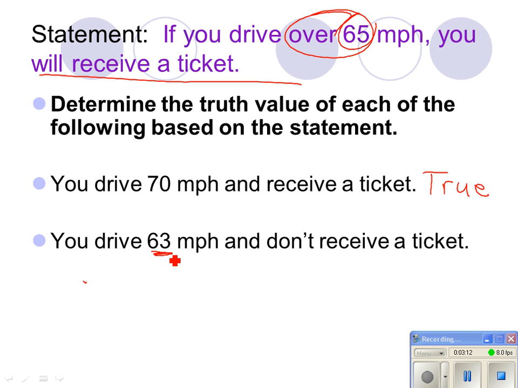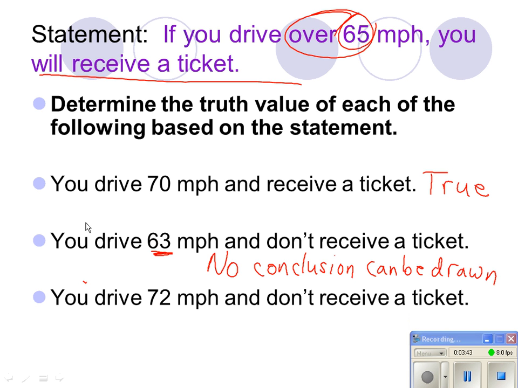So on this one, your answer should be no conclusion can be drawn. We can't decide because our original statement did not tell us what's going to happen if we drive under 65 miles per hour. It only told us if we drive over 65.